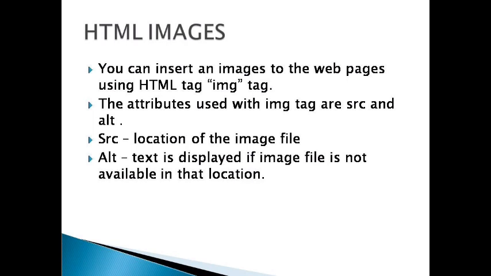For that we use the two attributes, src and alt. Src contains the location of the image file, and alt contains the text message that will be displayed if the image file is not there. So this is the use of the image tag.